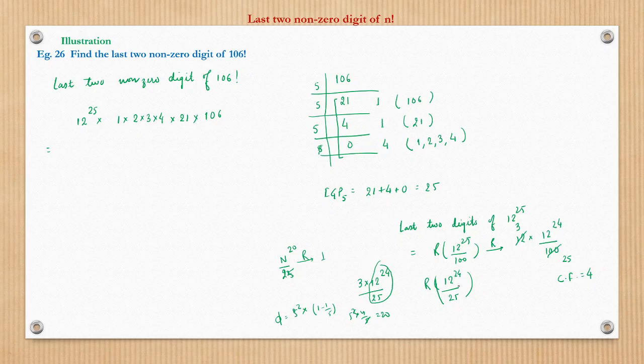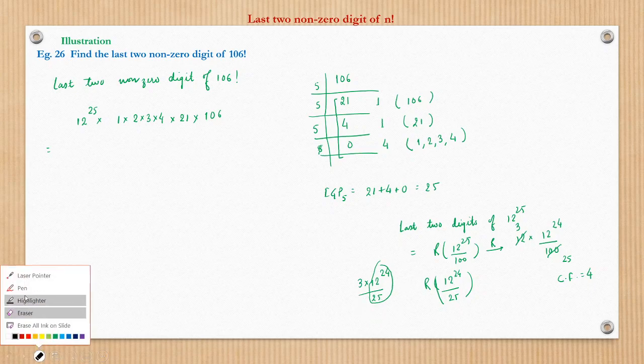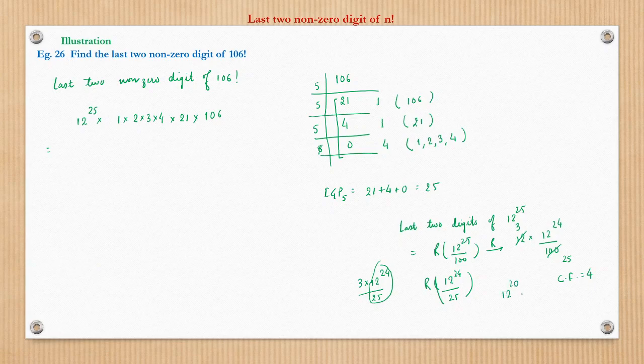So here what can we say? Now I just erase these things. We know that 12 raised to power 20 into 12 raised to power 4, I can write this upon 25, and 12 raised to power 20 would give a remainder of 1 upon 25.